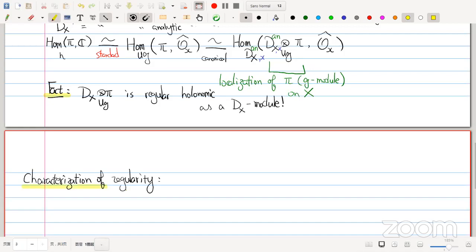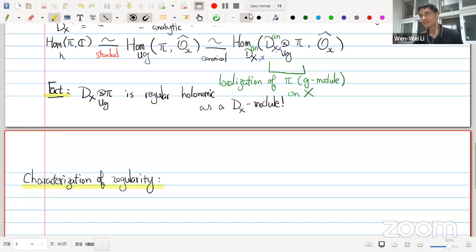So what does regularity mean? Maybe this is not really a characterization. I'm cheating somehow here because I'm passing to the analytic point, so I'm talking about regularity of analytic D modules.